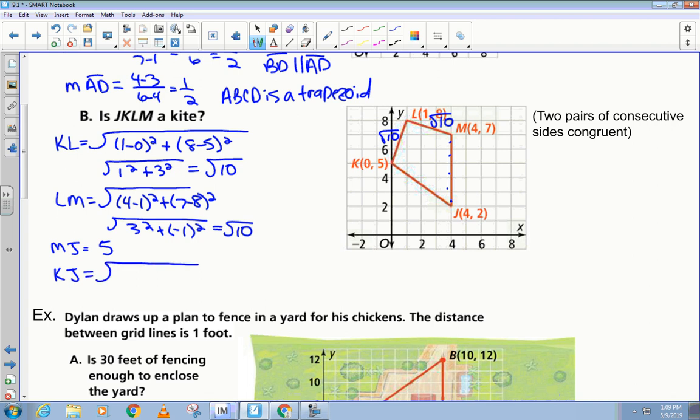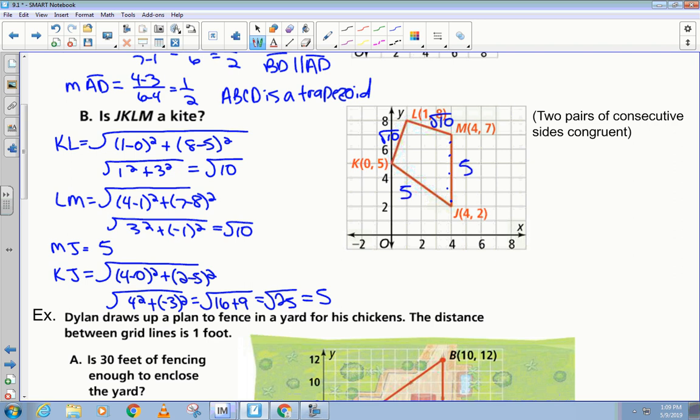Let's see, 4 minus 0 squared plus 2 minus 5 squared. That gives me 4 squared plus negative 3 squared, which is 16 plus 9, which is radical 25, which is 5. Right. So, is it a kite?